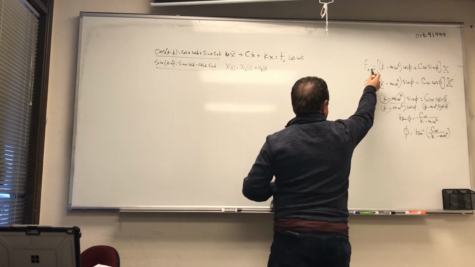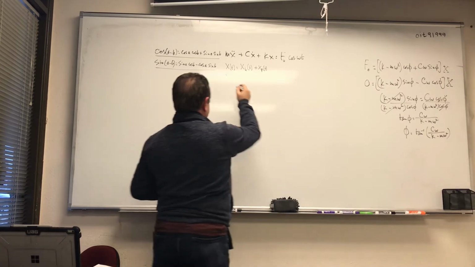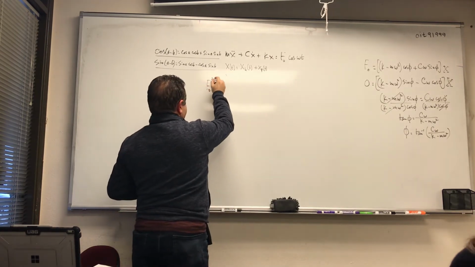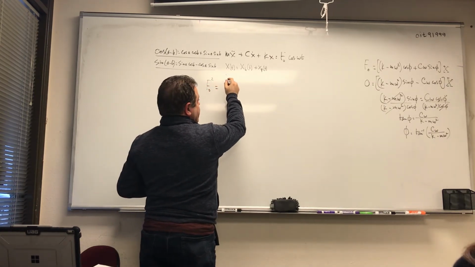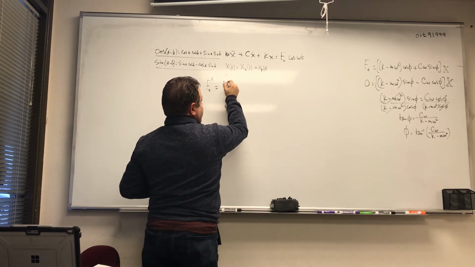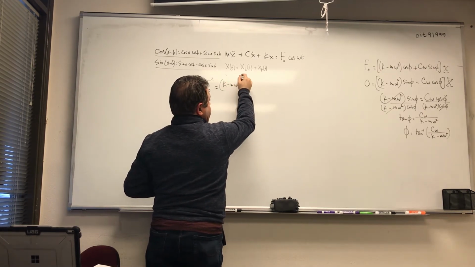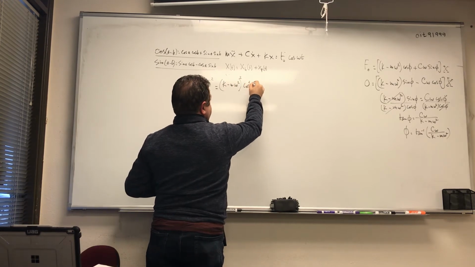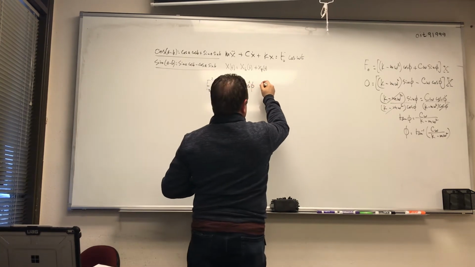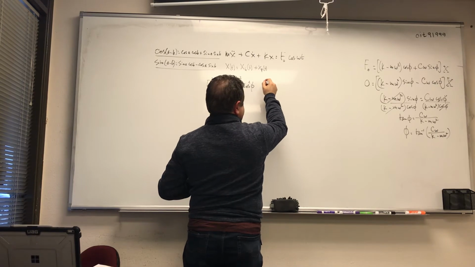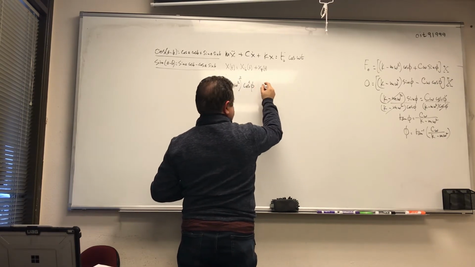So if I take this equation and I square it, what do I get? F0 squared equals (k minus m omega squared) squared cosine squared phi. Of course, there is x; let's do the x at the end.